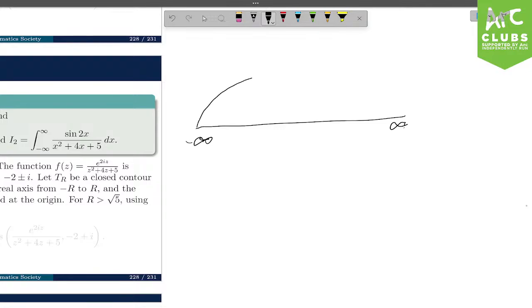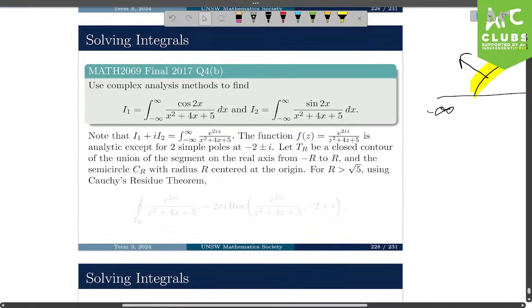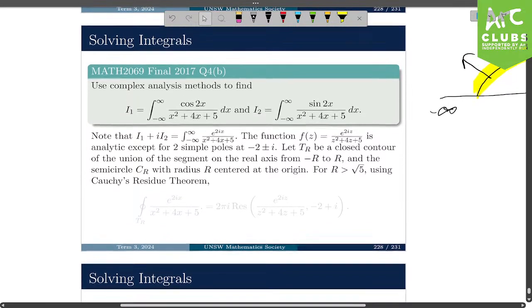But in complex analysis, we draw a semicircle, let that radius expand to infinity, and say that this highlighted section of the integral goes to 0. Therefore, the complex integral ends up being equated to your real integral, by using your Cauchy residue theorem.